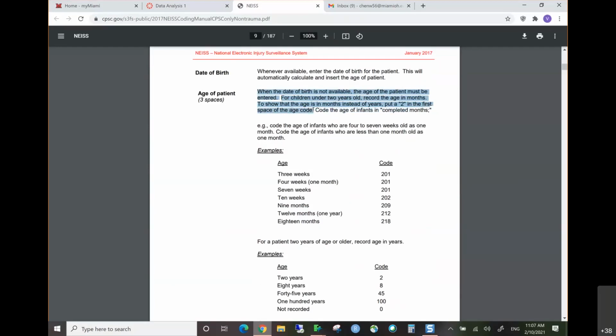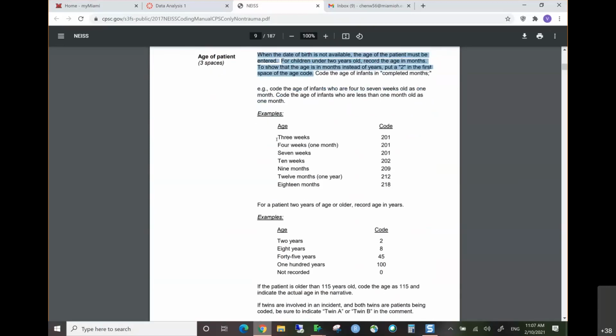That is why, because if you have 3 weeks or 4 weeks, that means it's a 1 month baby. That means this patient has the age of 1 month, but since it is recorded as months, I add a 2 in the first space. That means in the data, you will see 201 as this patient's age. That means this patient is a 1 month baby.